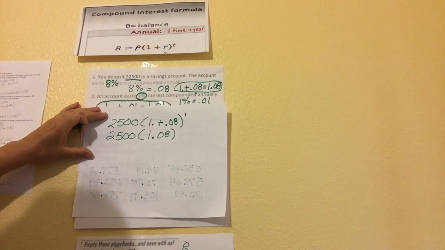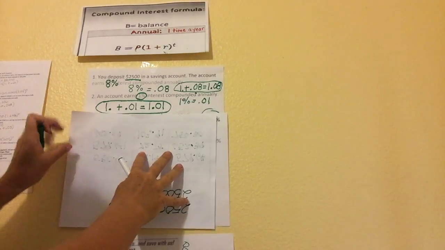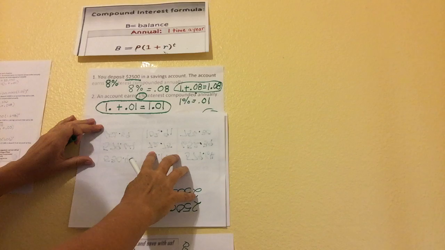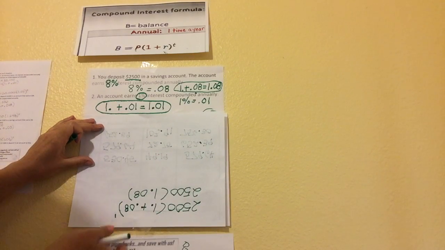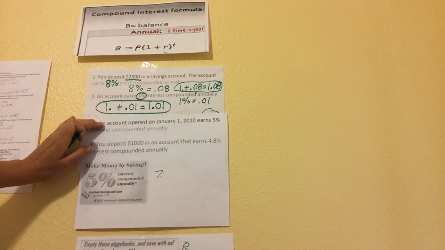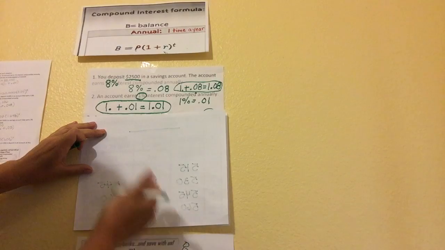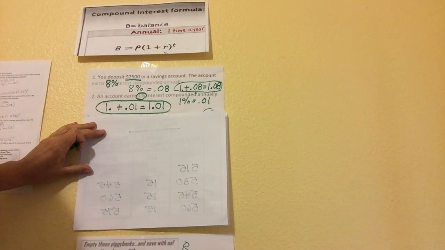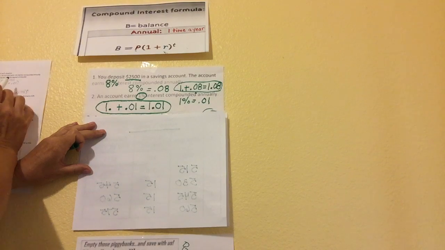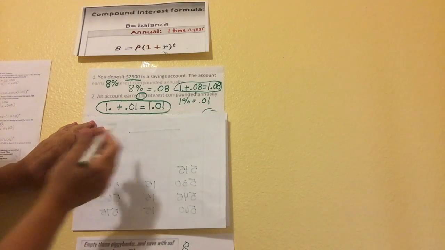Let's look at number 2. Okay, so for number 2, an account earns 1% compounded annually. Actually on this one it says an account earns 1% interest compounded annually, but it tells you it has an initial deposit of $20,000.